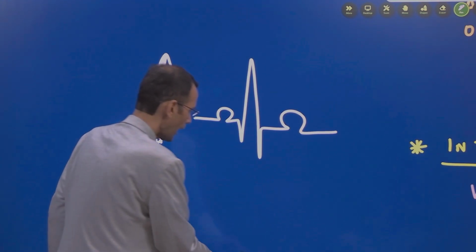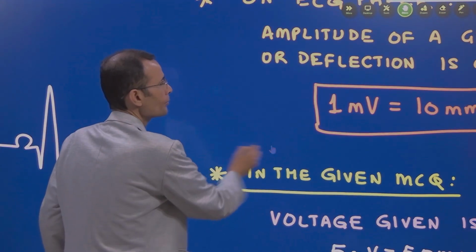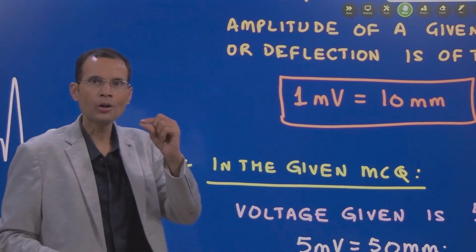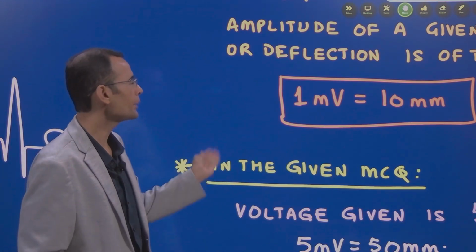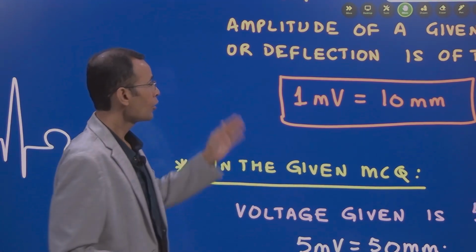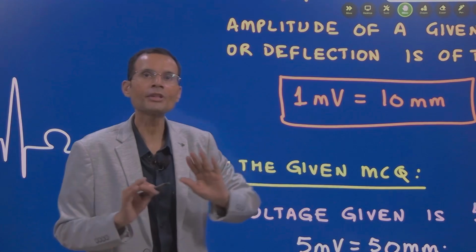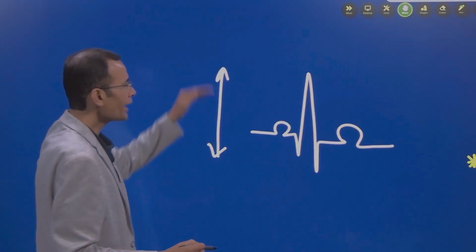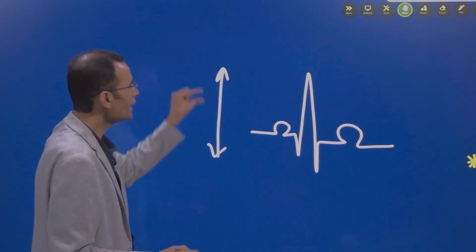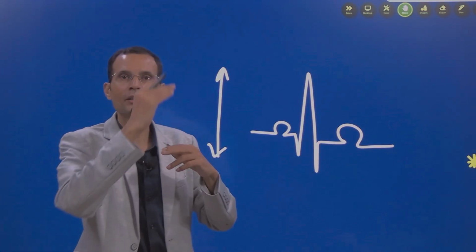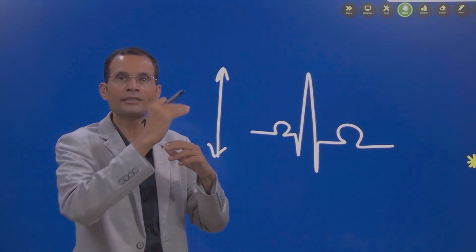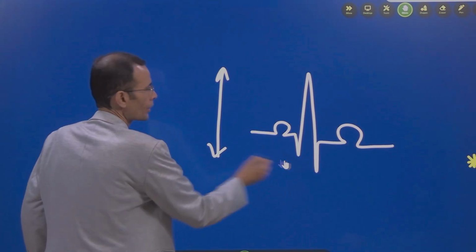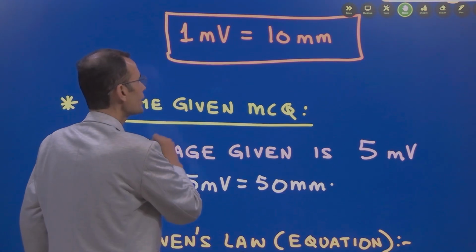We just saw that 1 millimeter, the smallest square, is equal to 0.1 millivolt. That means 1 millivolt will be equal to 10 millimeters. So please remember this fact. On the vertical axis, 10 millimeters will give you 1 millivolt. All right, that's clear now.